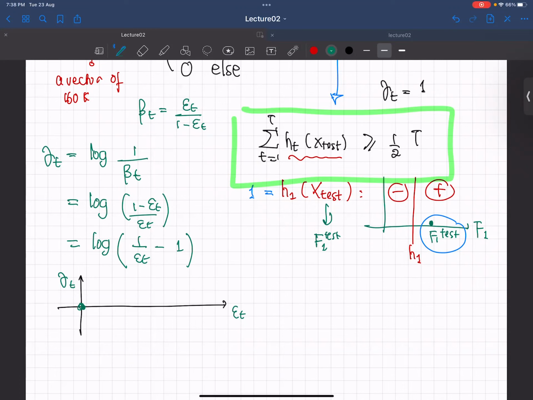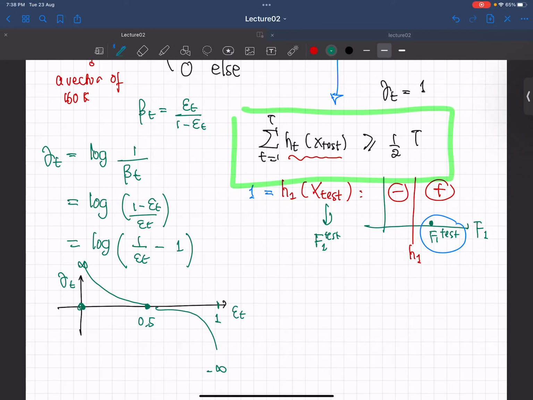Positive. So it's very large here, right? If epsilon t is 0.5, for example, what will be the value of gamma t? It will be 0. So it will be something like this. If epsilon t equals 1, then what happens? Yeah, it's negative infinity. So it will be something like that. That's the correlation between epsilon t and gamma t.